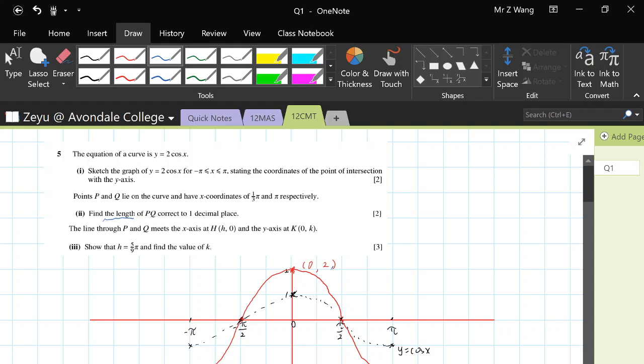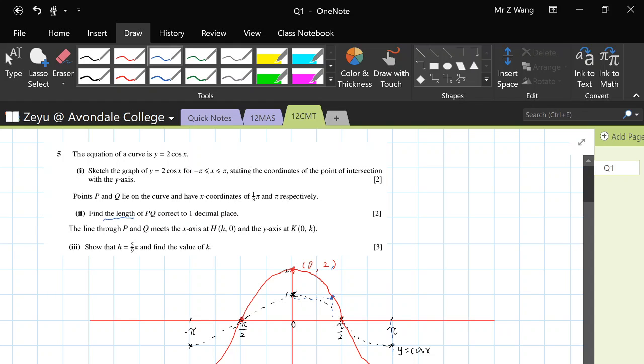1/3 pi is here, so we need to find the coordinates of that point. And pi: this point is easy to identify. This point has coordinates (pi, negative 2).